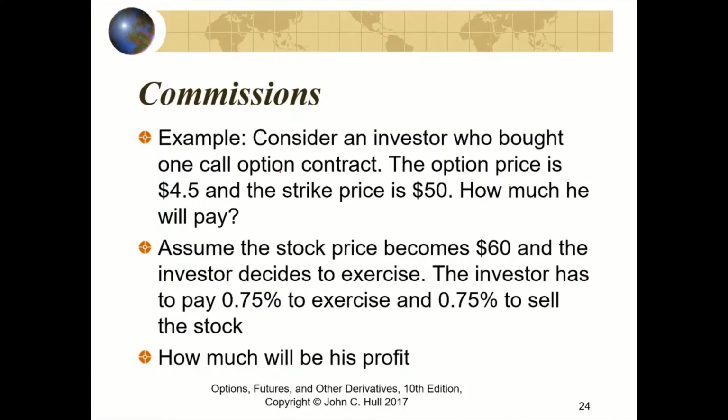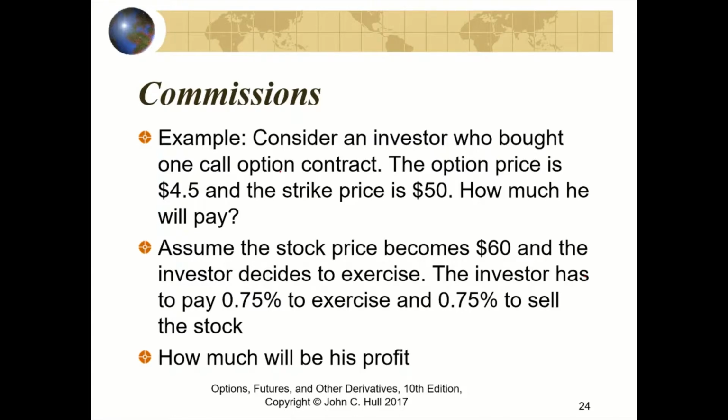So the size of a contract in the Chicago Board Option Exchange, for example, is 100 options in each contract. The option price is 4.5. So one option costs 4.5. Not one option contract, one option included in the option contract. And the strike price in this contract is 50. So how much will he pay?